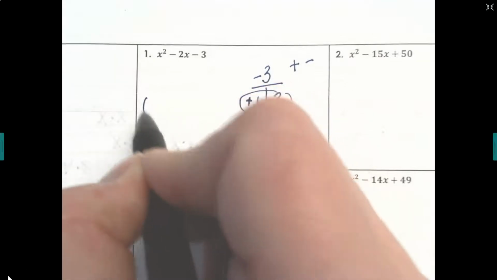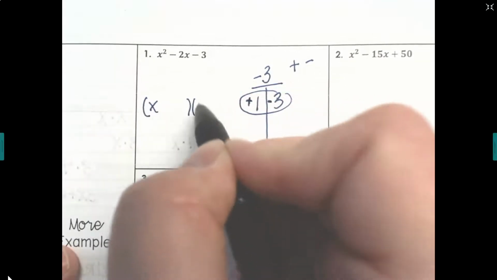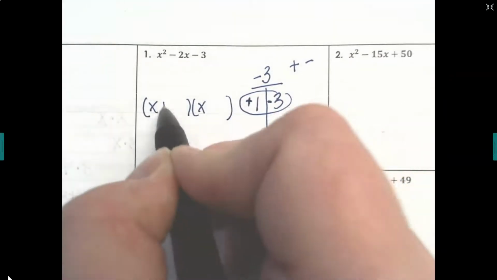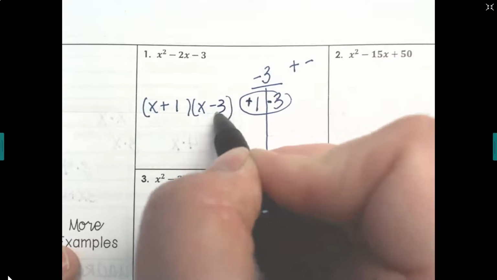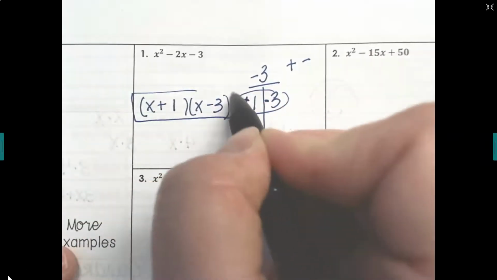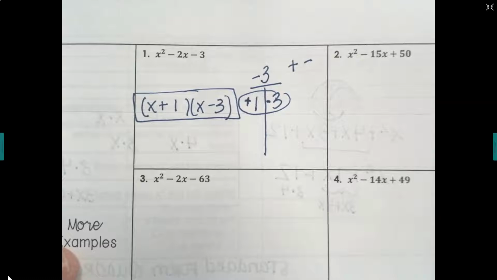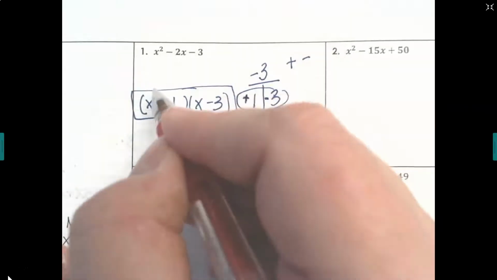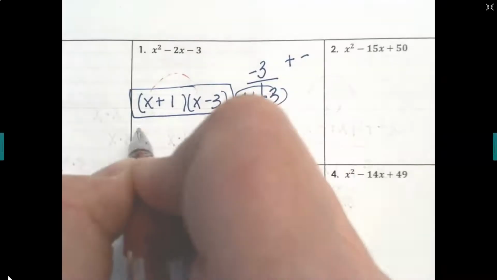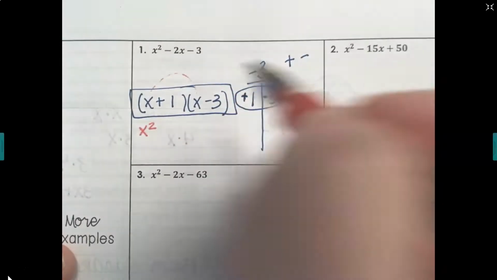We're going to take our x's and we're going to split them. And then we have plus 1 minus 3 for our factored form of this quadratic. It's a quadratic expression is what this is called. Okay, and we can always double check with x times x is x squared.